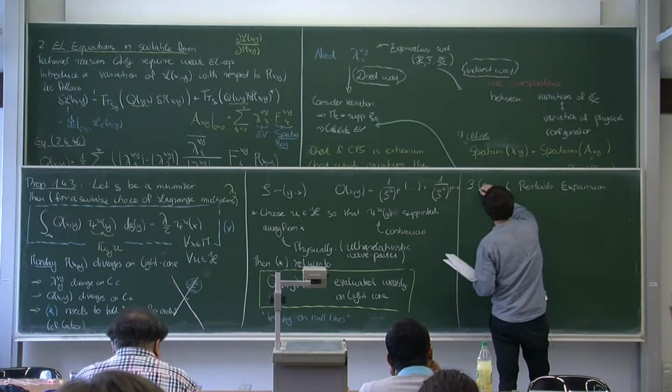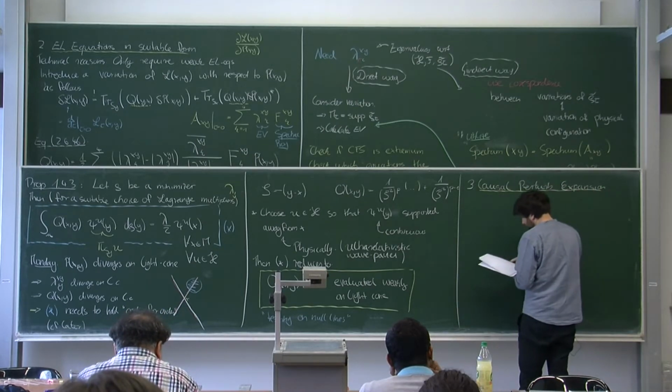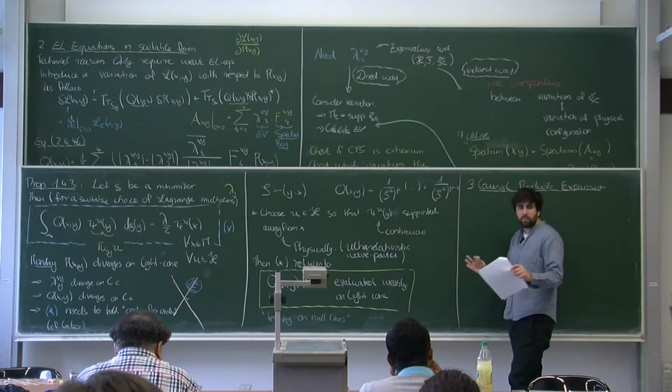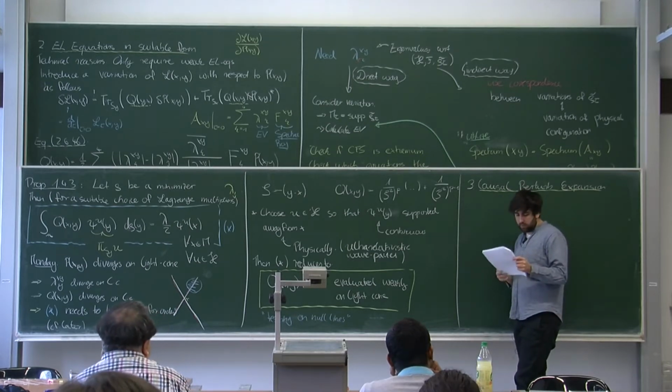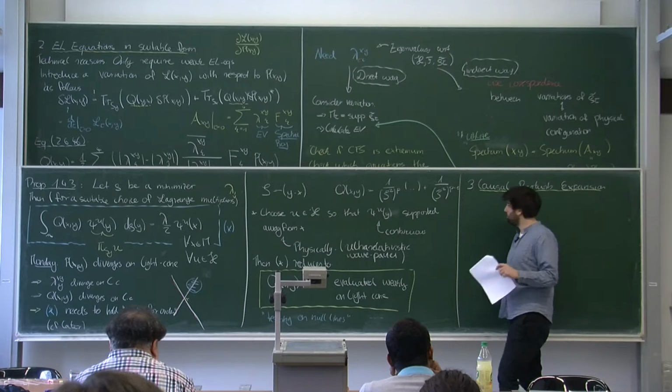The causal perturbation expansion is the next part. I hope I have convinced you so far that we need the fermionic projector.